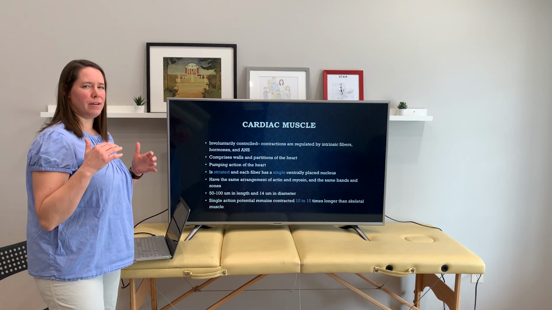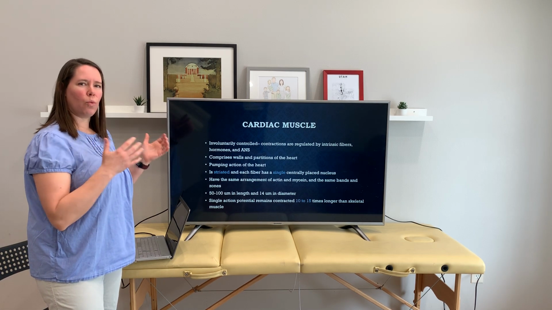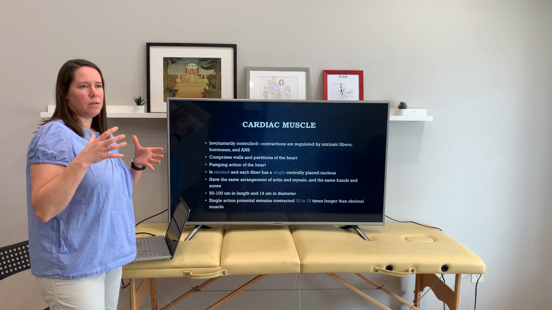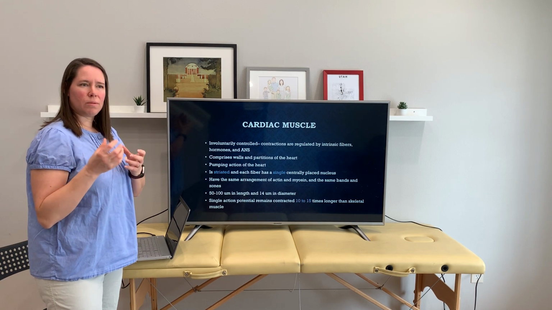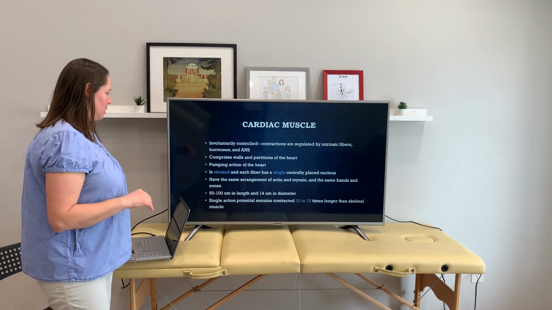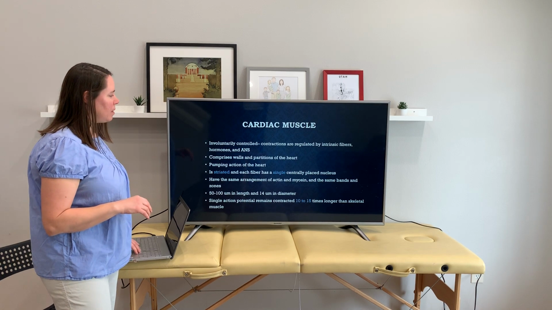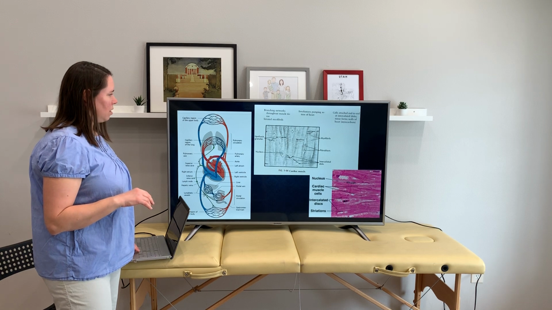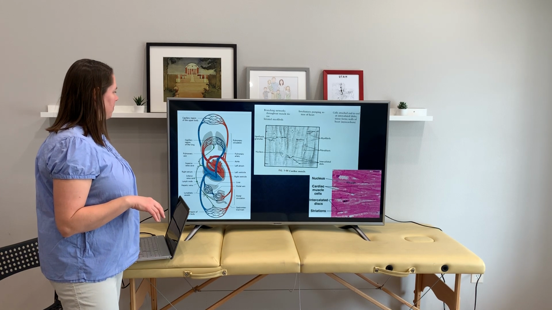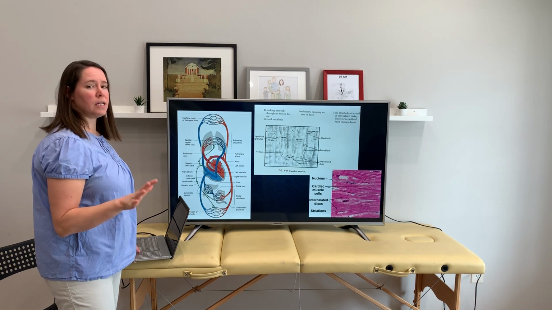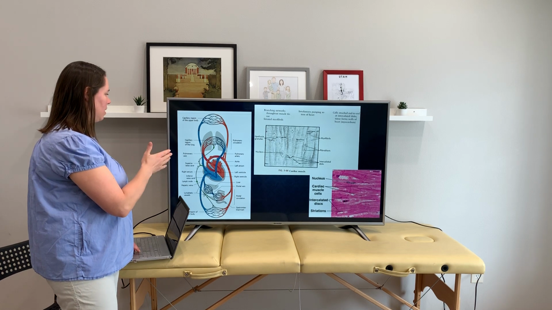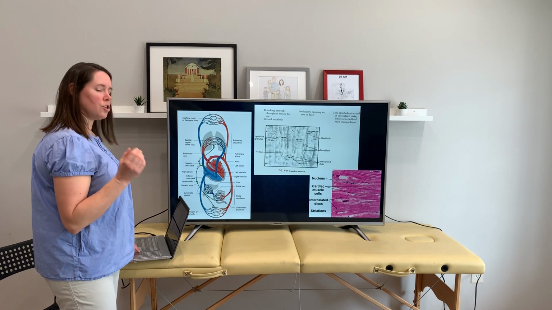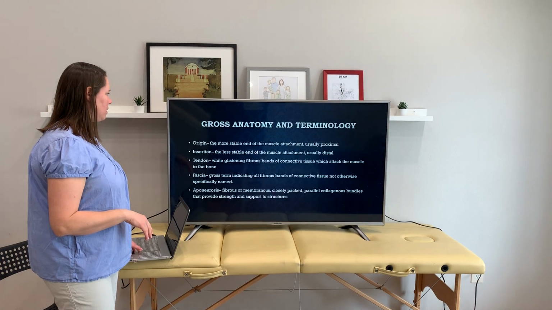You have the AV node and the way that muscle system coordinates to form a pump is pretty unique. We won't talk about it so much in this class because we're primarily concerned with the musculoskeletal stuff. But you can get an idea here of what it looks like, and obviously the function that it has, right side, left side.